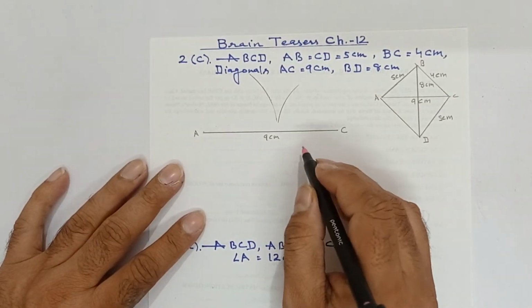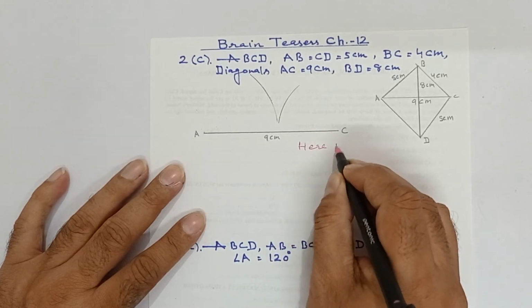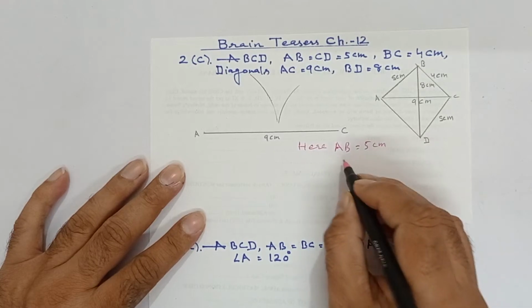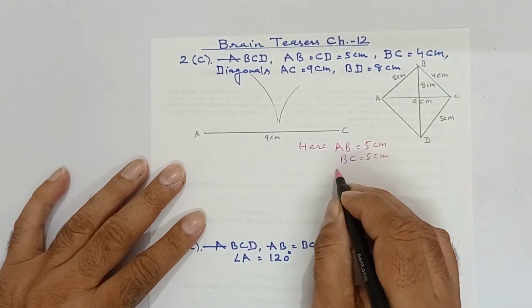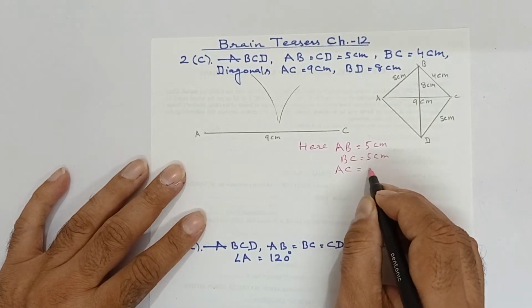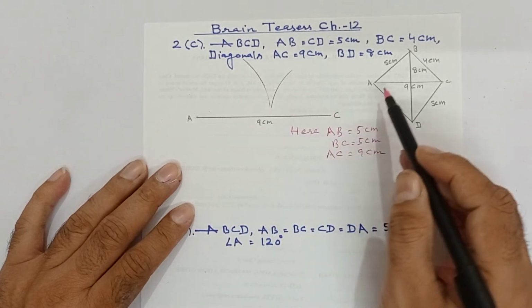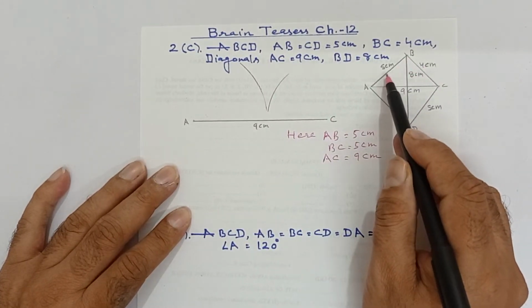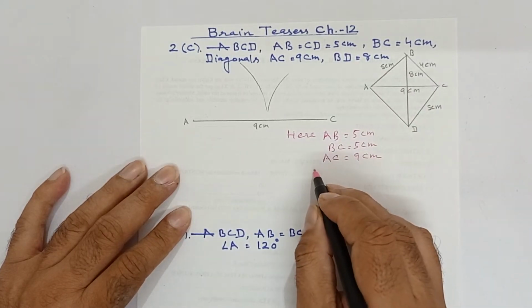So what we will write here: AB is 5 centimeter, BC is 4 centimeter, and AC is 9 centimeter. For the construction of triangle, like here we are to construct ABC, we can judge from here that this will not be constructed. Why?